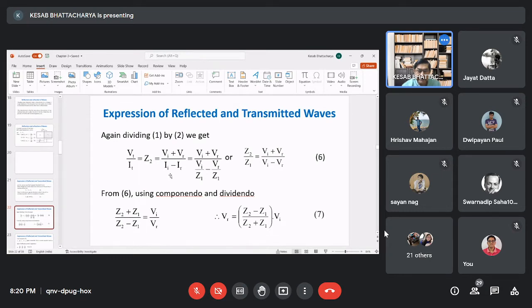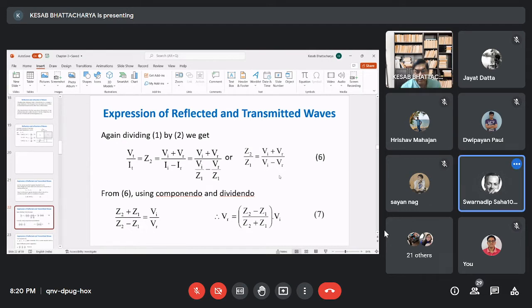Do you agree? Yes, sir. And Ii is equal to Vi by Z1. Yes, sir. Ir is equal to Vr by Z1. Yes, sir. Then we can write Z2 by Z1 is equal to Vi plus Vr by Vi minus Vr.